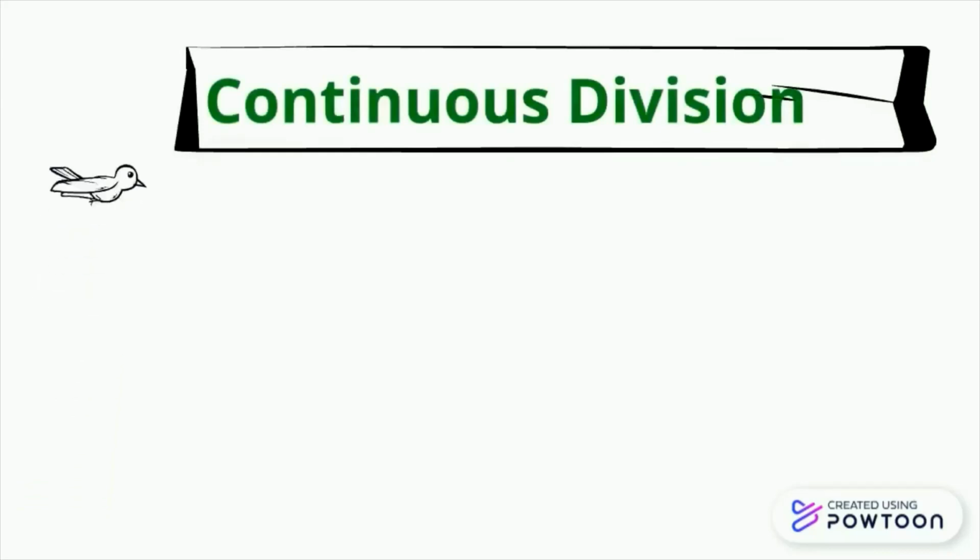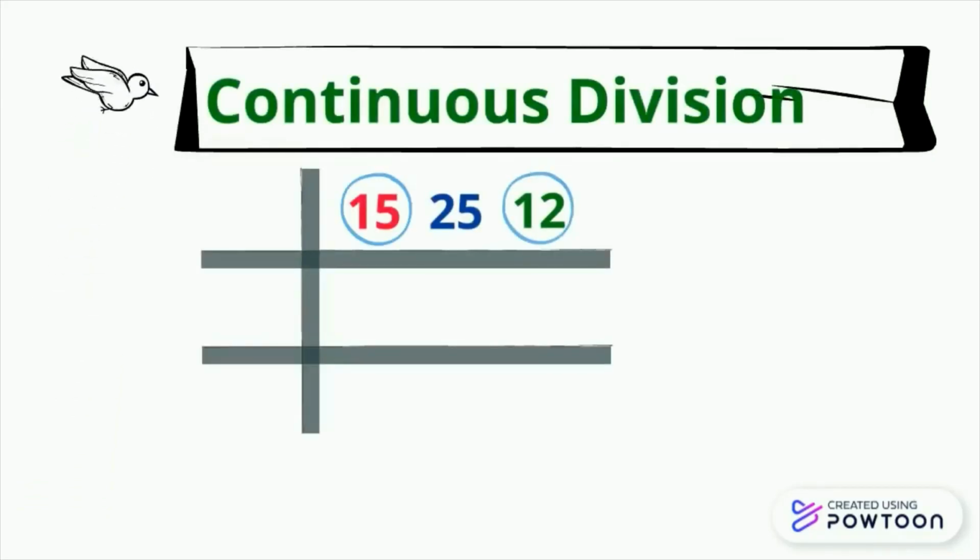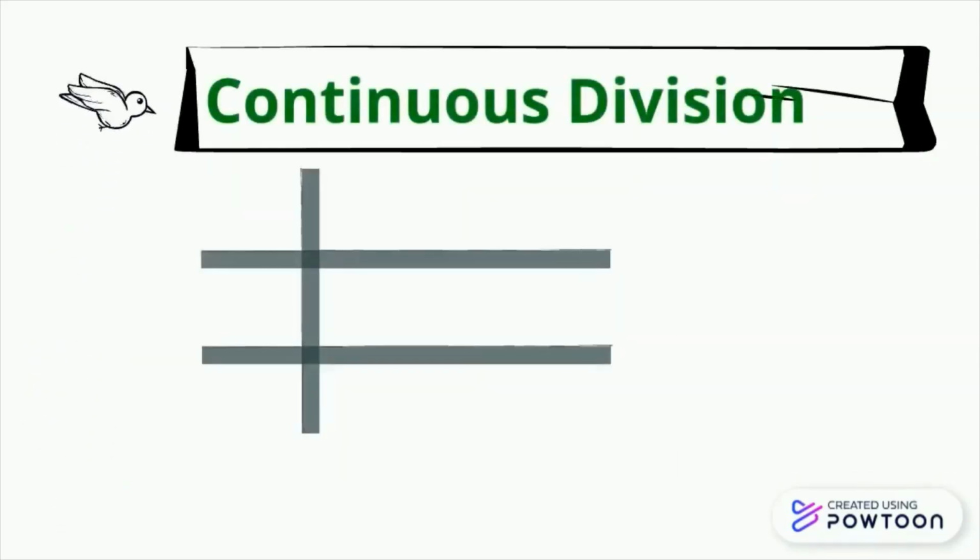You can have the pair 15 and 12 with a common divisor of 3, whichever is correct. It is 15 and 25 in this case.